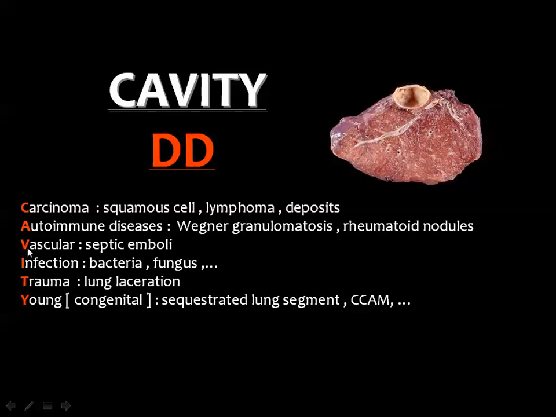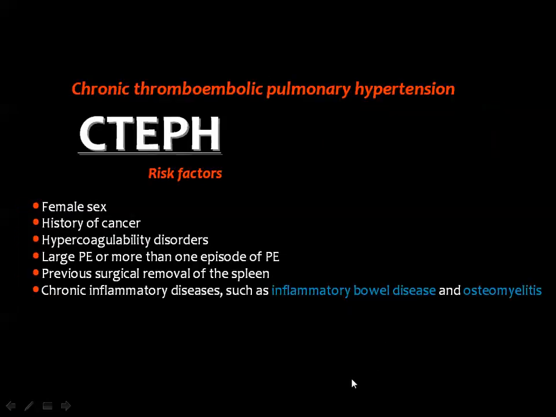V: vascular lesions like septic emboli. I: infection by bacteria or fungus. T: trauma, as lung laceration will appear as a cavity, if you remember this. And Y: young, which stands for congenital, including sequestrated lung segment and congenital cystic adenomatoid malformation of the lung.